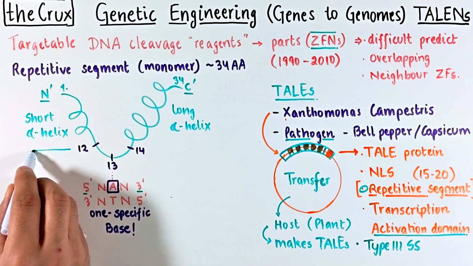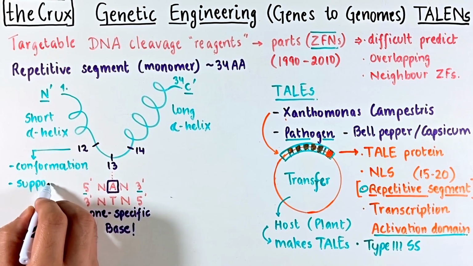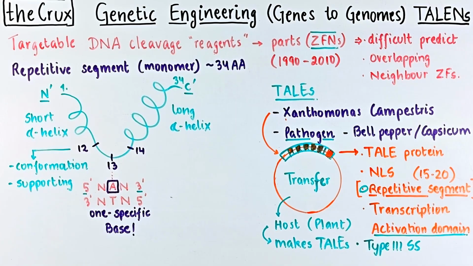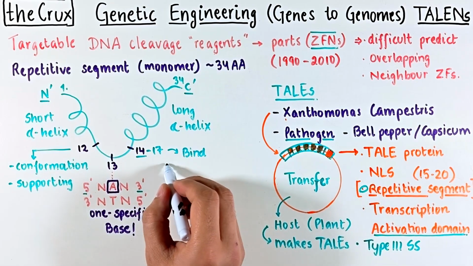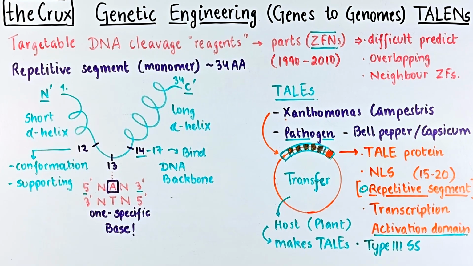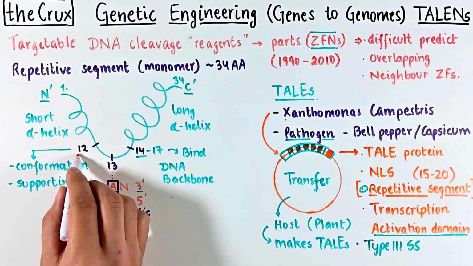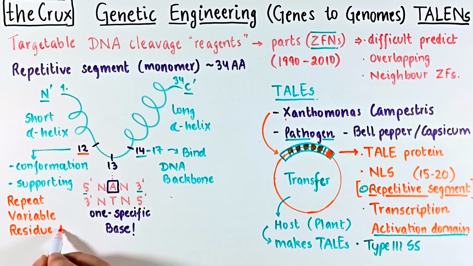Residue number 12 has a major supporting role in determining the monomer stability upon DNA binding. On the other side, residues 14 to 17 are largely responsible for making sure that the monomer actually binds DNA and not RNA. Typically, residue number 12 is called repeat variable residue number 1.